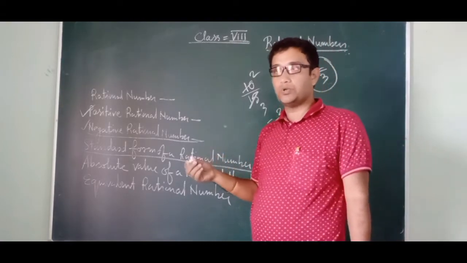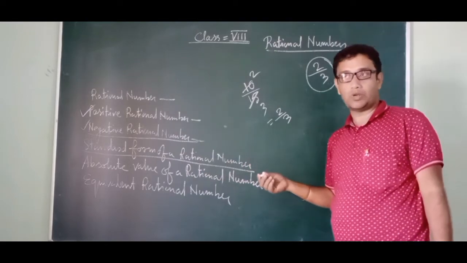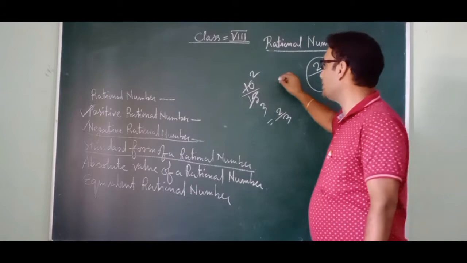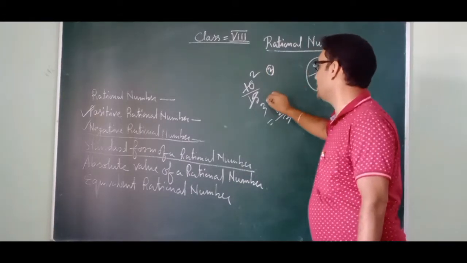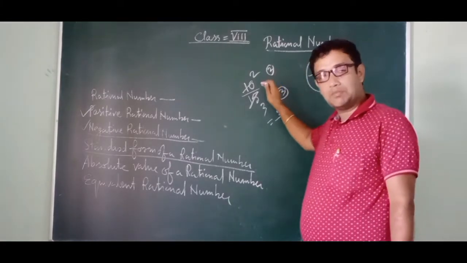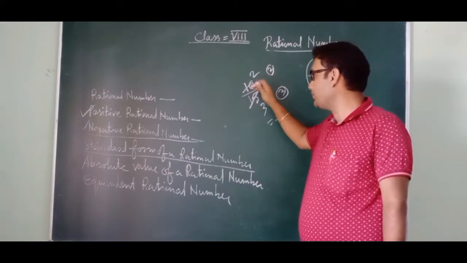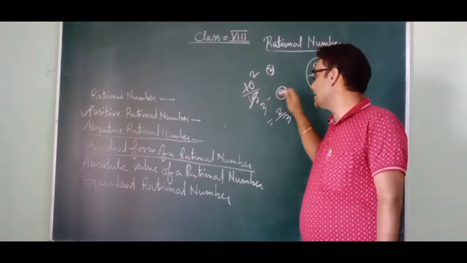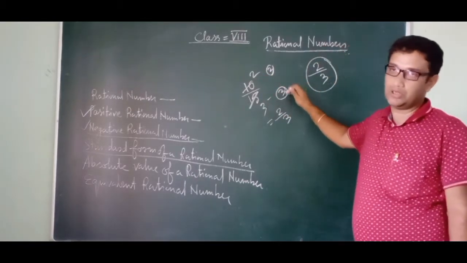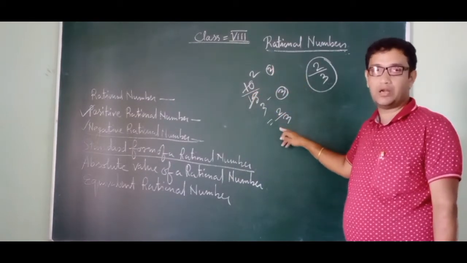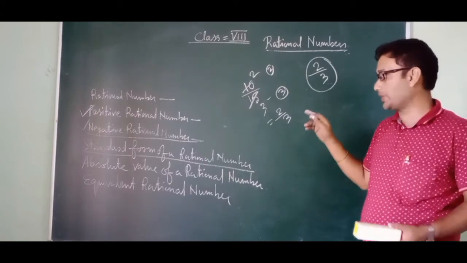And when you reduce, remember that if you reduce the numerator by 2, the denominator also you have to reduce by 2. If you reduce the numerator by 3, then the denominator also you have to reduce by 3. So this is called the standard form of a rational number.